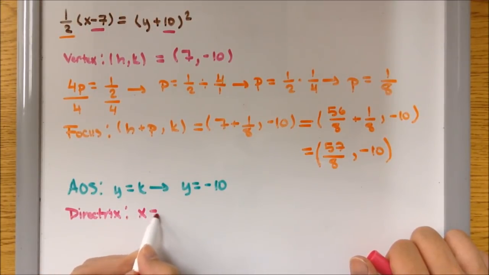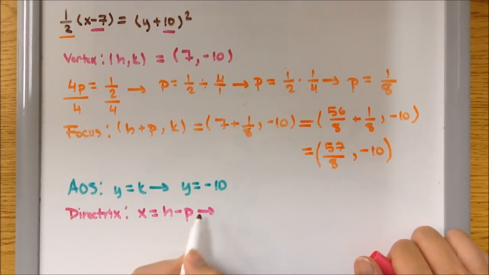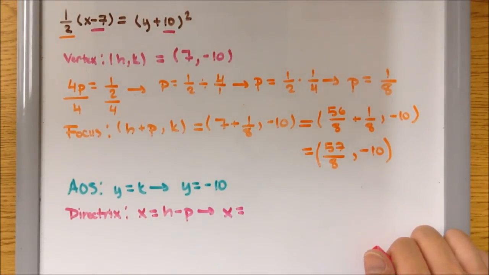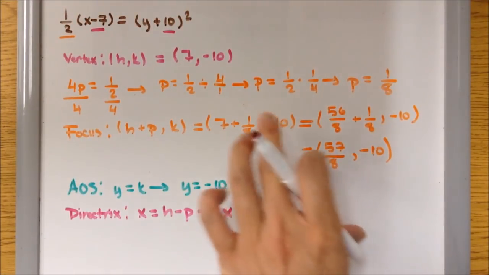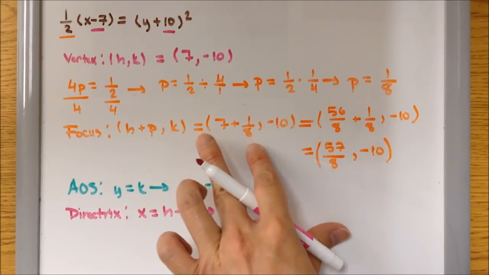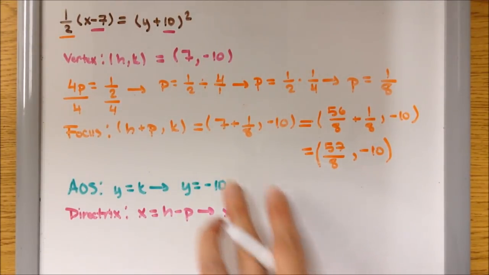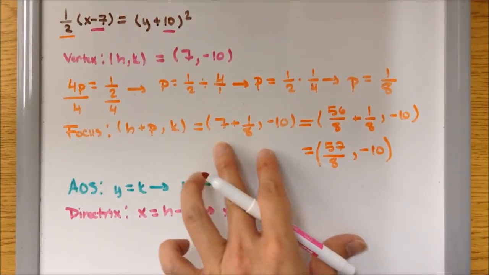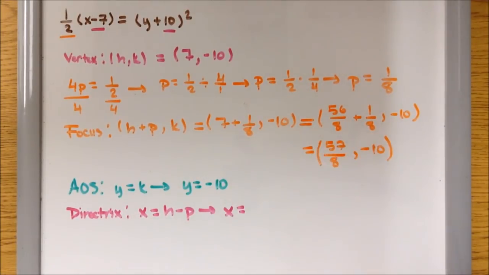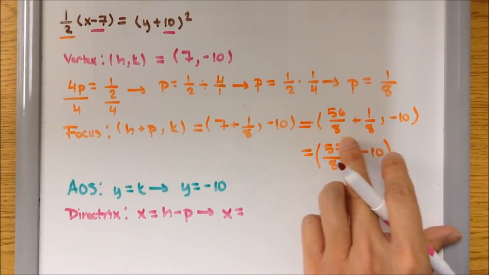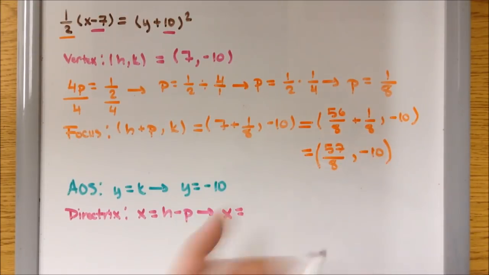It is x equal h minus p. So x will equal h, which is 7, and then p is 1/8. Now it's going to be a whole number and a fraction, but with subtraction. So instead of just writing 7, I'm going to write 56 over 8 because I already converted it into a fraction with a common denominator of 8.